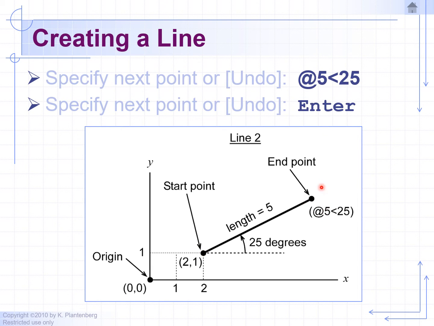And to define our second endpoint, we're going to go with the length of 5 and an angle of 25 degrees counterclockwise with respect to the x-axis. This line is parallel to the x-axis. So we type in @ to let AutoCAD know that it's with respect to the last point. 5, it's a length of 5, so that point can be anywhere, radially, anywhere in this area.